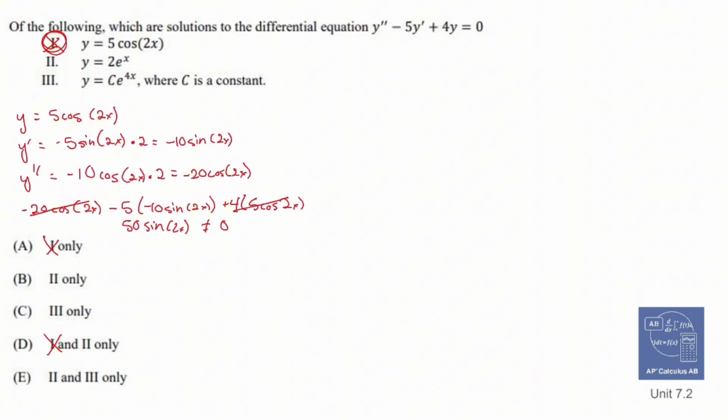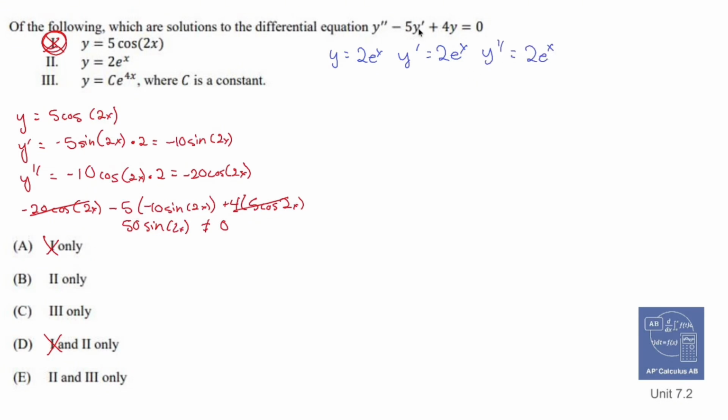Okay, let's try out option number 2 and see if that works. So option number 2 gives us a y of 2e to the x. This is easy. y prime is also 2e to the x, and y double prime is also 2e to the x.